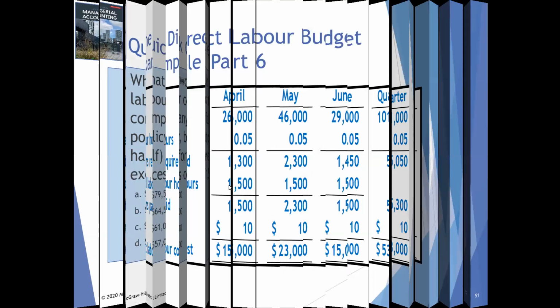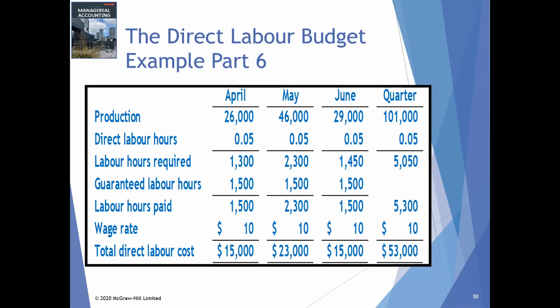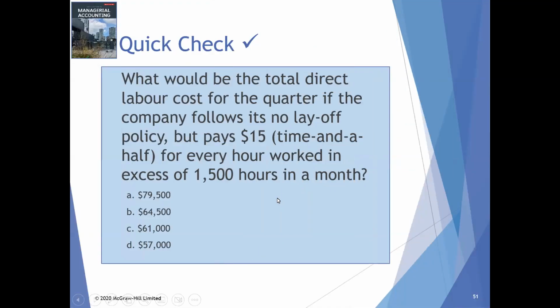For example, here in this case, the labor hours required was 2,300, right? But if employees work more than 1,500 hours, then the company will pay $15 per hour. So in this case, what is expected from you is to calculate the total direct labor cost for the quarter with this modification.